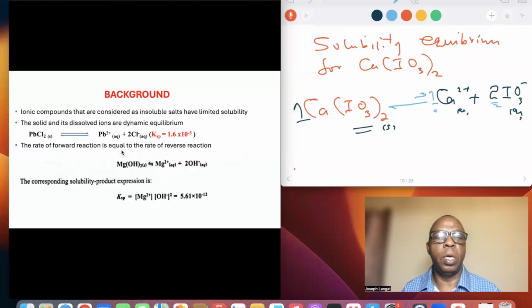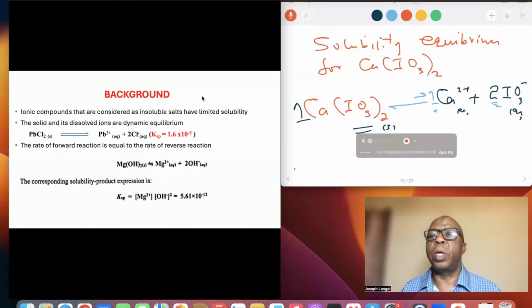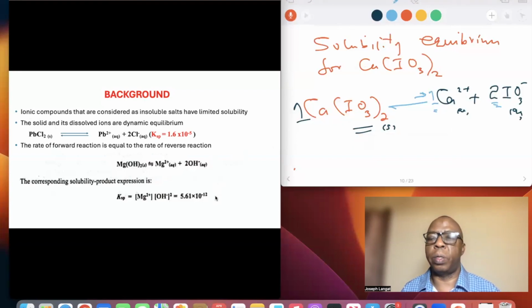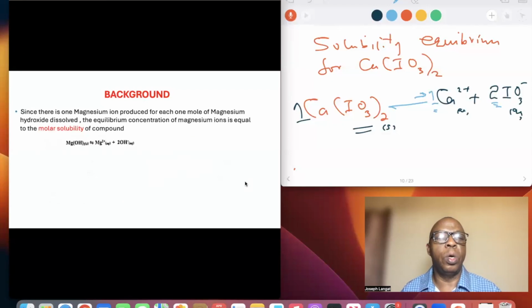In this case, the molar solubility of magnesium hydroxide is based on magnesium because it's 1 to 1. For us, the molar solubility of calcium iodide will be a function of the molarity or concentration of calcium ion in the solution.